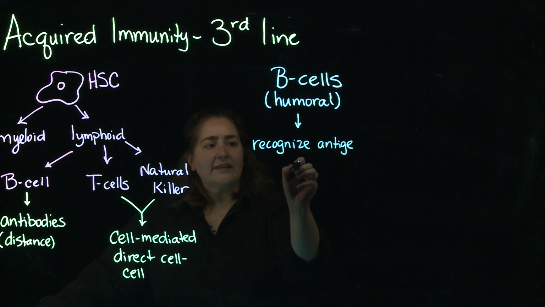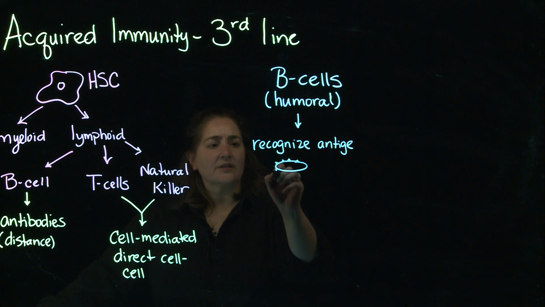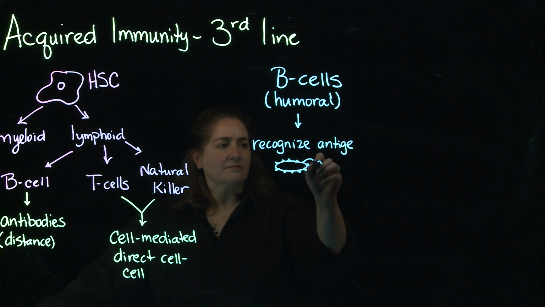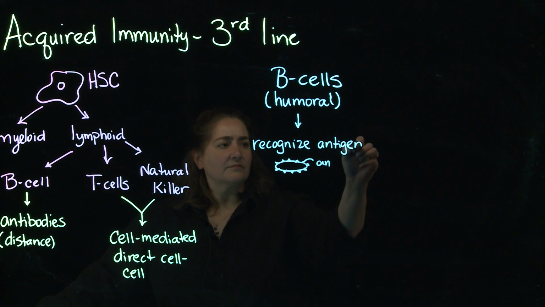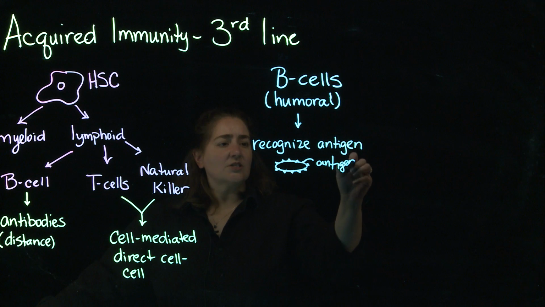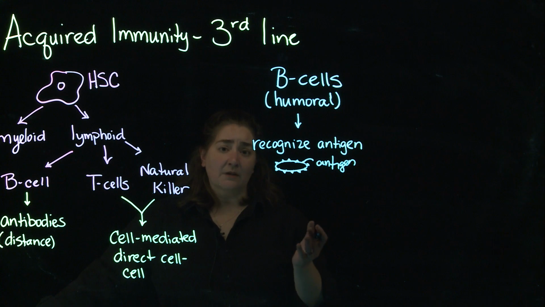And that antigen is essentially going to be those little markers on the outside of our microbe. The antigens are those PAMPs maybe that are on the outside of the bacteria.